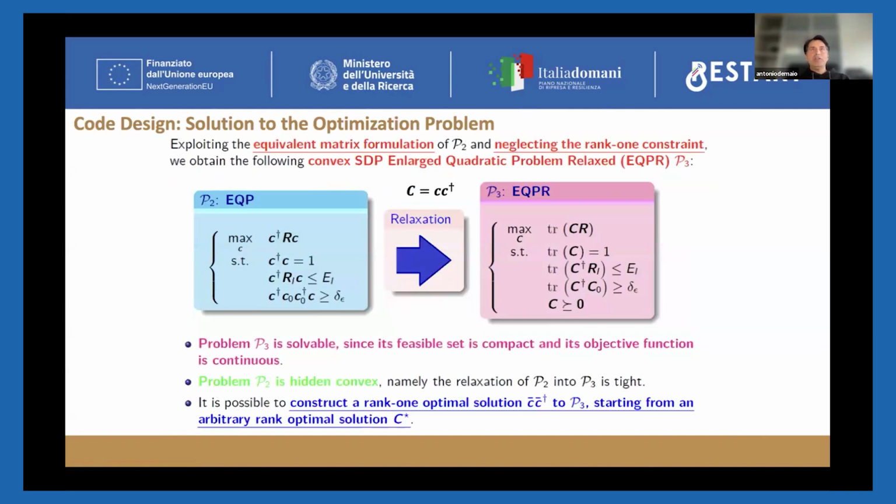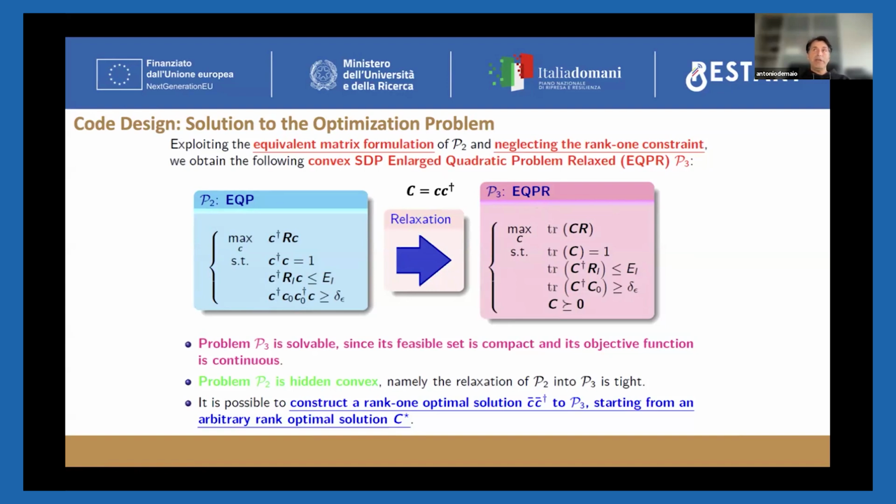Now, leveraging on the equivalent matrix formulation of problem P2, where all the constraints can be written in terms of a rank 1 matrix, and also neglecting the rank 1 constraint, we obtain the following convex semi-definite programming problem P3, which is denoted as enlarged quadratic problem relaxed.